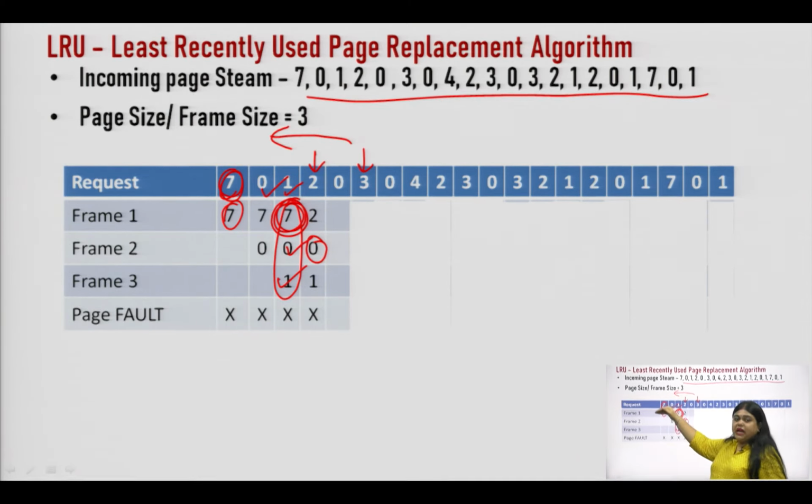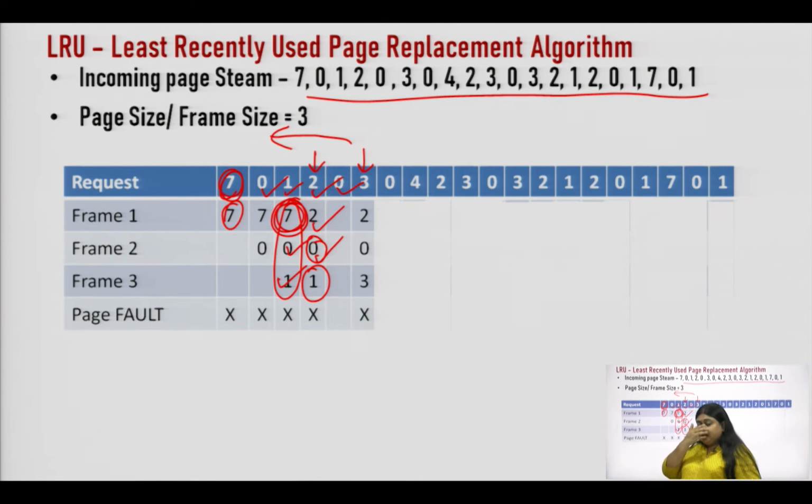While looking backwards, we will see which were the recently used pages. 0 was recently used, so 0 we will retain. 2 was recently used, so 2 we will retain. The least recently used was 1. So, we are going to replace this 1 with 3. This is the method that we follow while making replacements in the LRU page replacement algorithm.